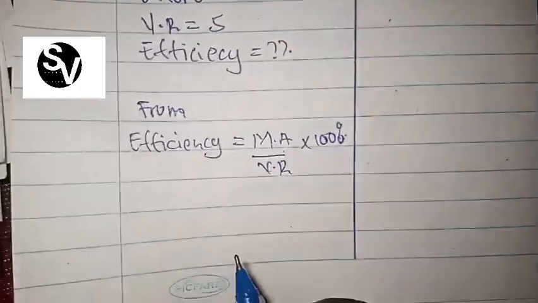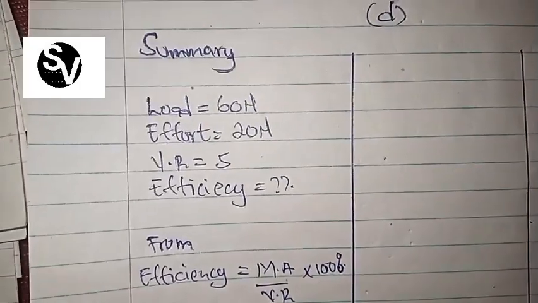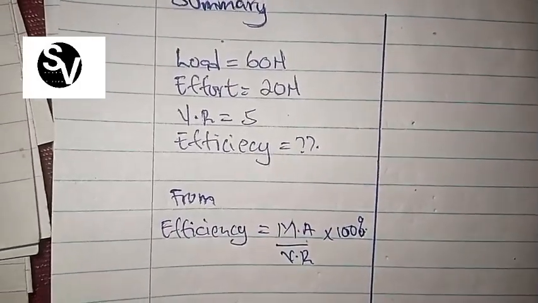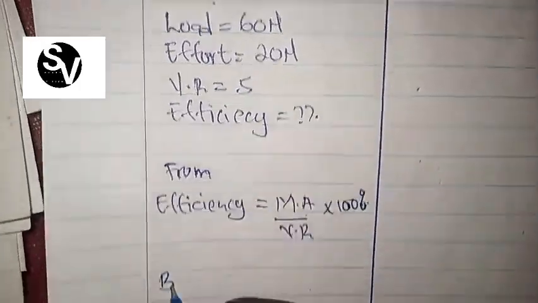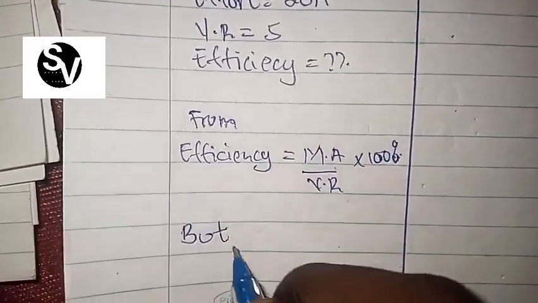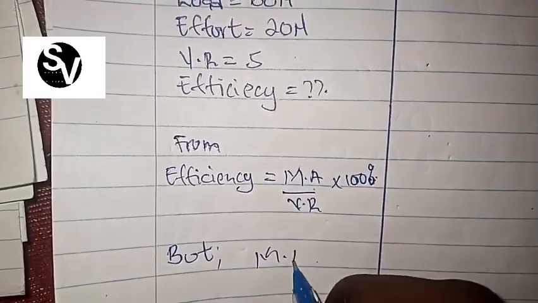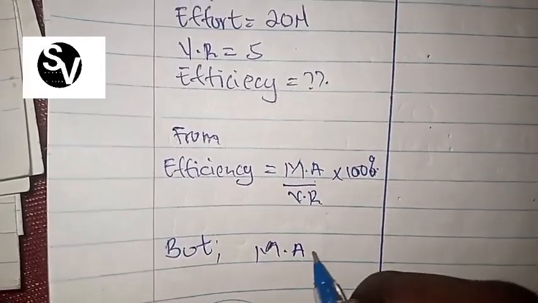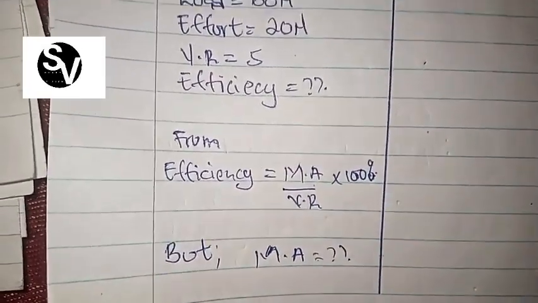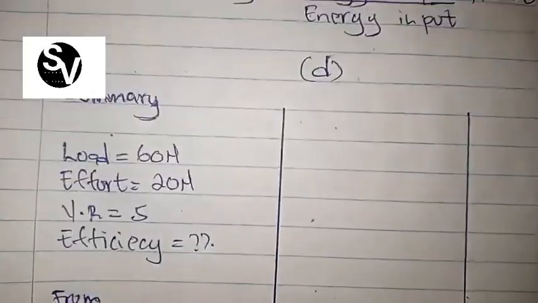That's the formula we are going to use. I know everyone knows that, but we don't know the mechanical advantage. We don't know mechanical what? Advantage. That is very easy.